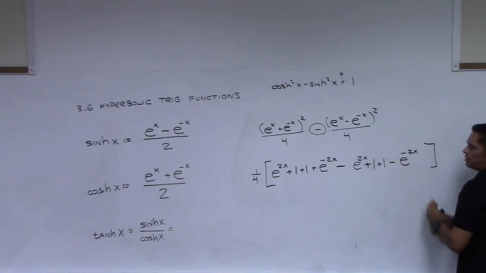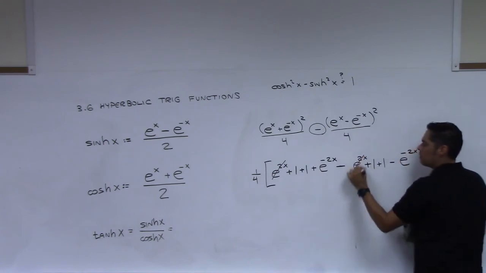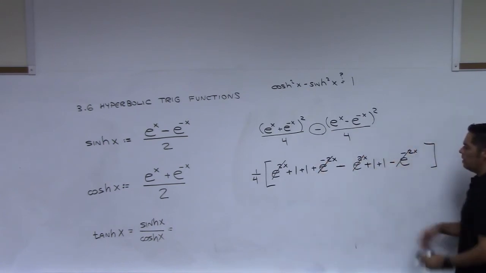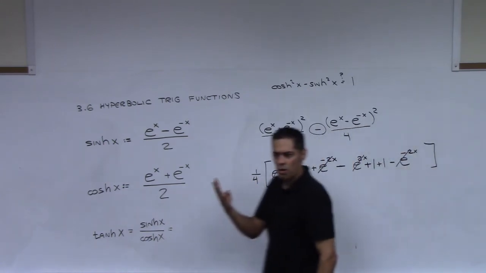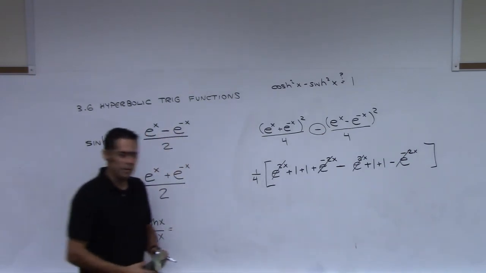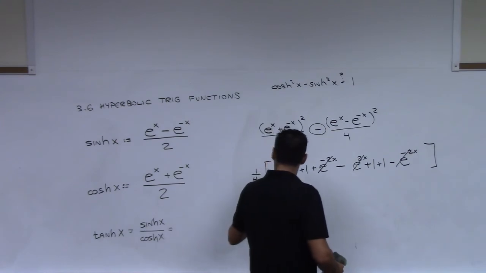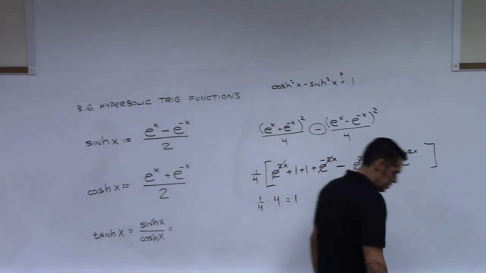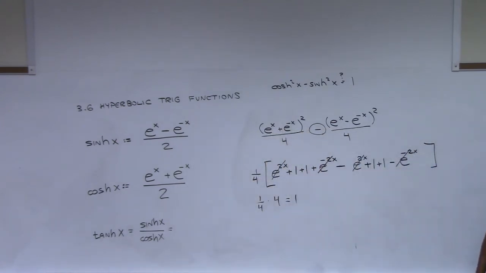And then lots of good things happen here. Gone, gone, gone, gone. And we get 1 plus 1 plus 1 plus 1, which is 4. And what's 1/4 of 4? 1. Okay? That makes sense? Yeah?